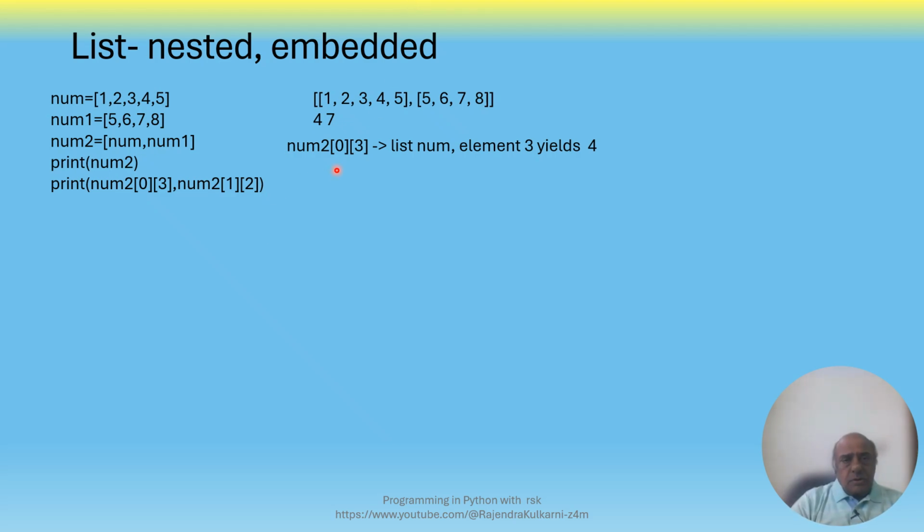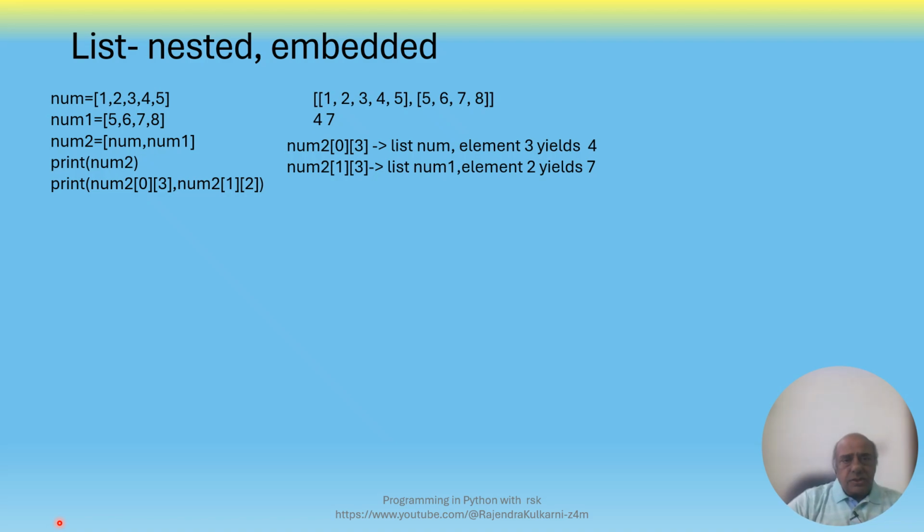Num2 index 0 and 3 tells us that the 0th element of num2 is num containing values 1, 2, 3, 4, 5, and the third element of num is yielded when we refer to num2 index at 0 and 3.